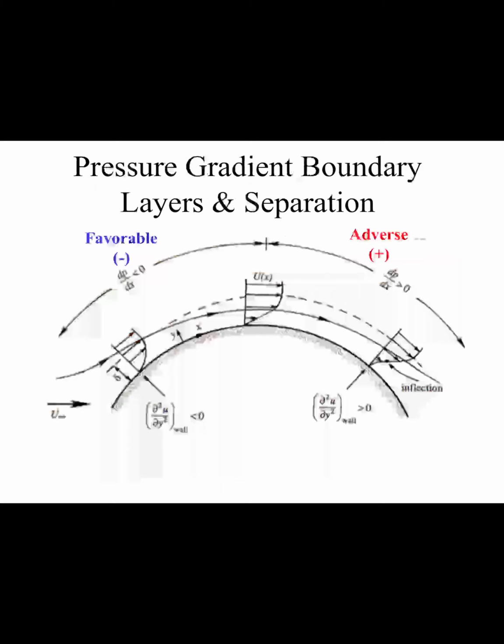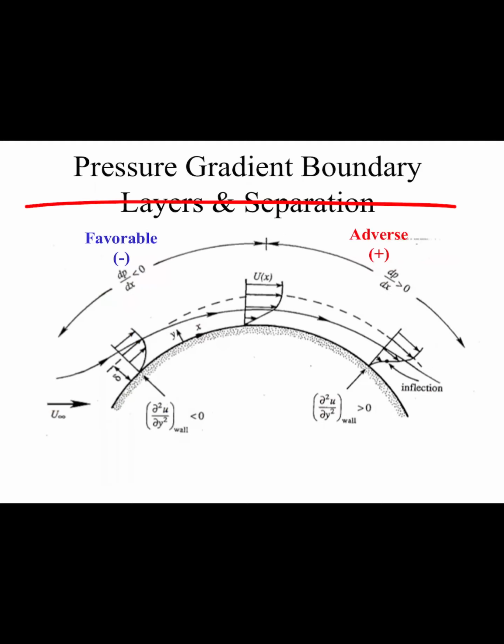Here's another example of the same kind of concept. Say we have flow over a cylinder or flow over a sphere. Again, on the upwind side of the sphere we're going to have a favorable pressure gradient, and on the downwind side we're going to have an adverse pressure gradient. It's the same concept.